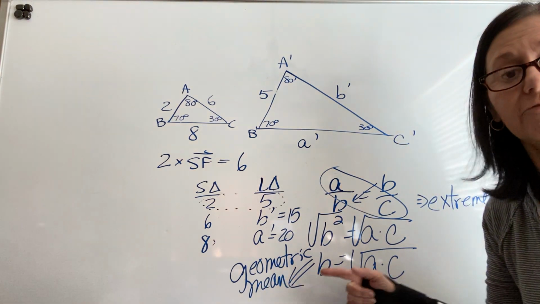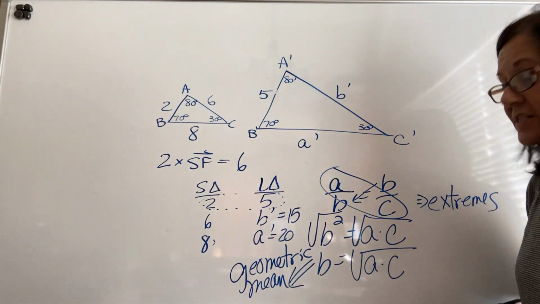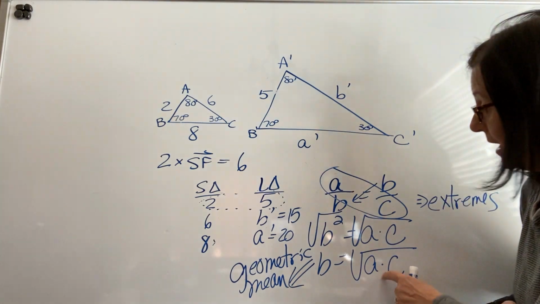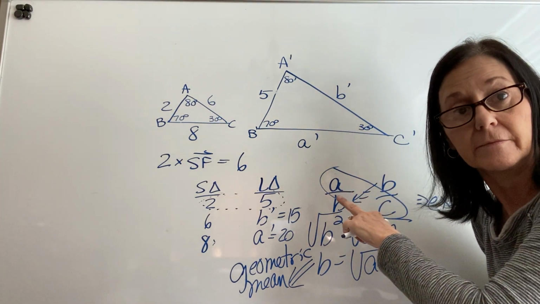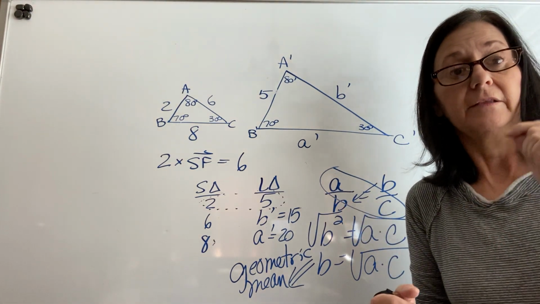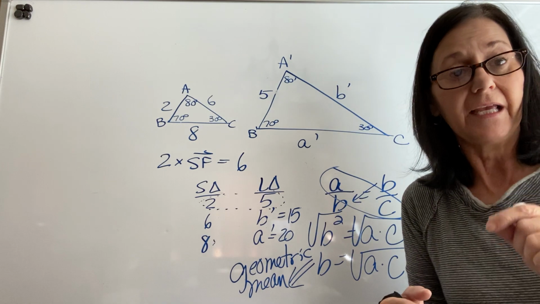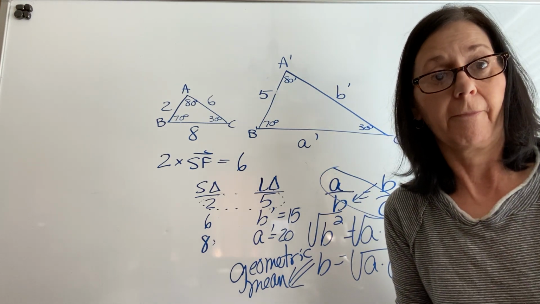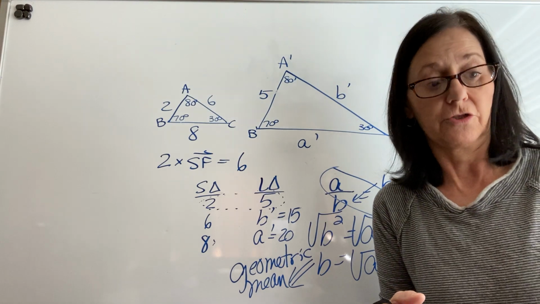When we're asked for the geometric mean, it is the square root of the product of your extremes.